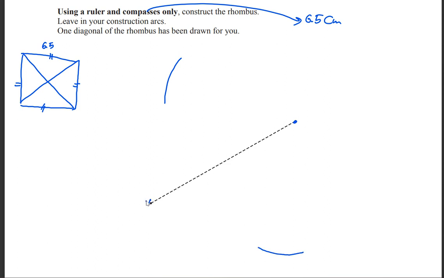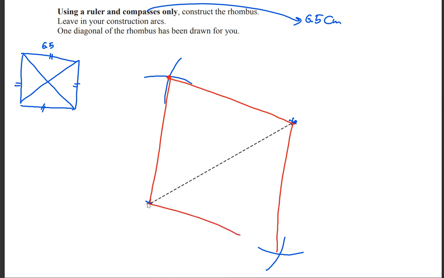Then from this point, open the same 6.5 and draw an arc here and here, and leave your arcs like this. Then join this point here, here, this here, this here, and you can join the diagonal like this. So this equals this, equals this, equals this, equals 6.5 centimeters.